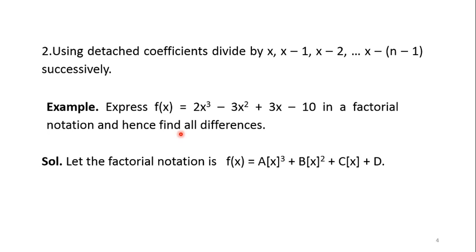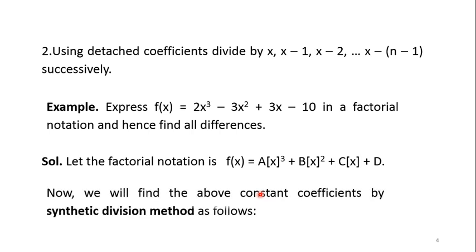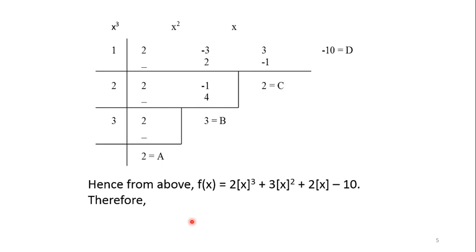We assume the factorial function of the given function as a into x^(3) plus b into x^(2) plus c into x^(1) plus d. Our objective is to calculate a, b, c, d by using the synthetic division method, which is the simplest method.